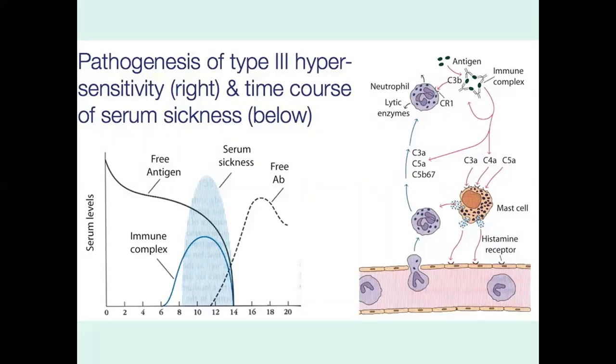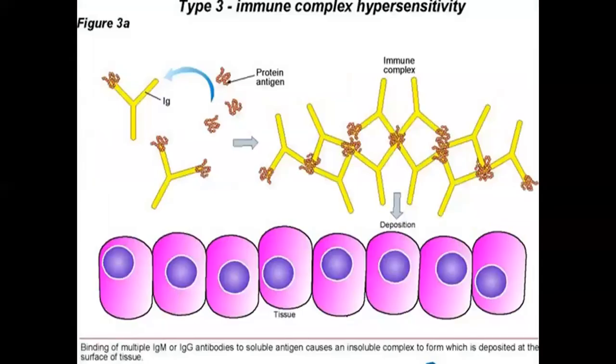But in cases of localized reaction, it is mostly a type of vasculitis locally, and that is called an Arthus reaction. So type 3 is immune complex mediated. Antigen and antibody are free. They are going to attach to each other.